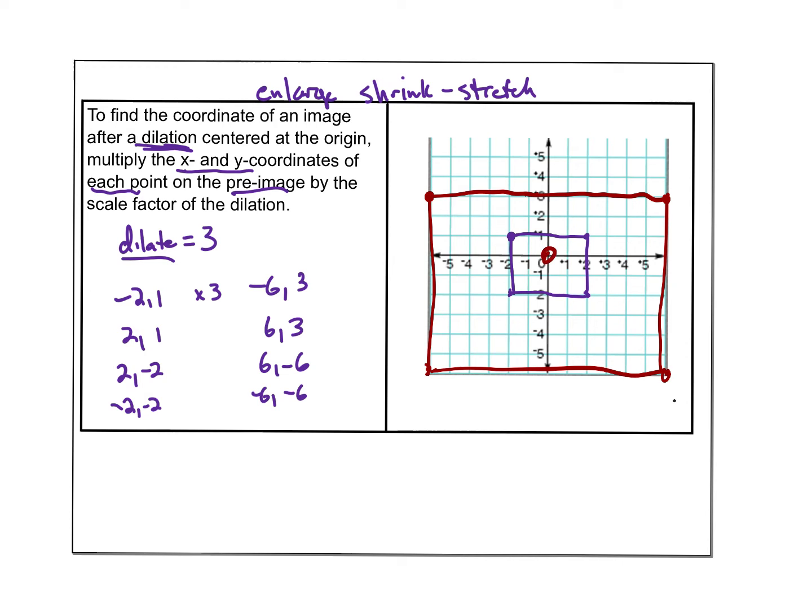And this is all dilated from the center, from the origin. So all I do is this length here, if I tripled it, that's my new point. This length here, if I tripled it, there's my new point. Likewise, out and out, they're all triple what the original measurements were. And that's all I do.